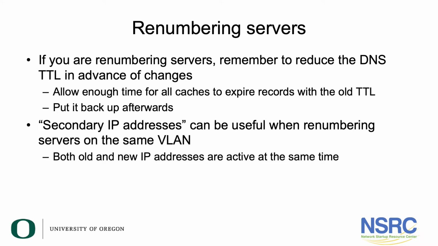You can do this on the router side: you add a secondary IP address for the old VLAN as a gateway. And you can also do this on the server side where you have multiple IP addresses. You add the old one as a secondary and the new one is on until you've done migrating everything.